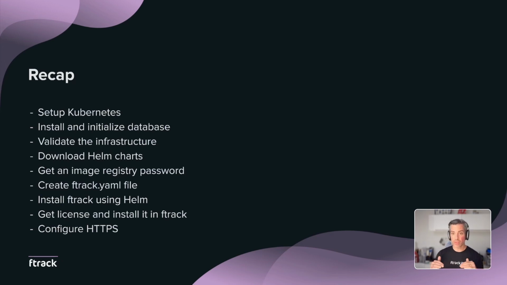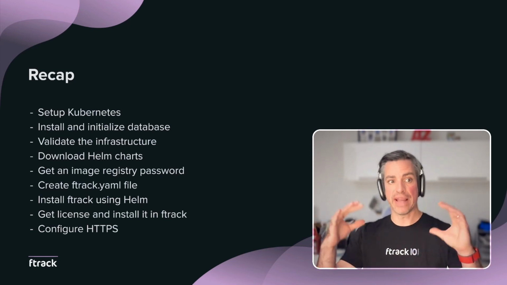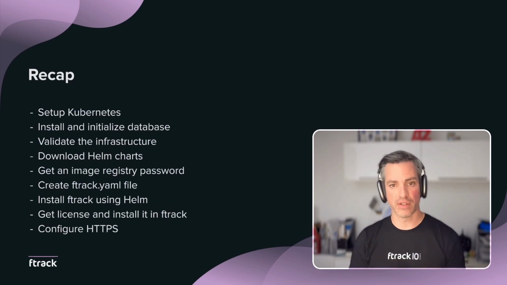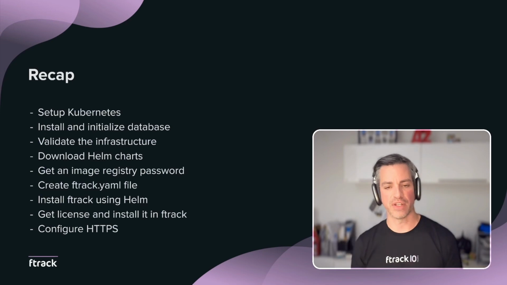We made sure everything was working before moving forward. We downloaded the Helm charts for the latest release of Ftrack, and then we created our ftrack.yaml config. Once the YAML config was done, we installed Ftrack. We installed our license for Ftrack to unlock its capabilities. And then we configured for HTTPS along with our certificates.